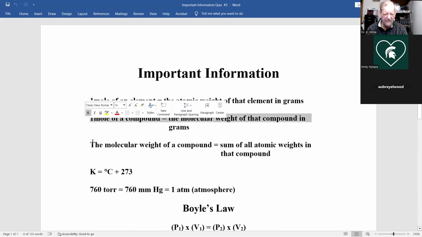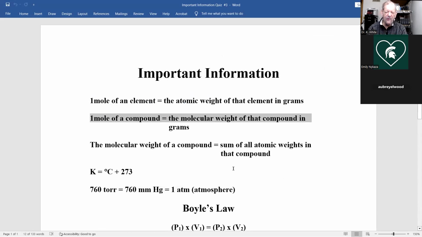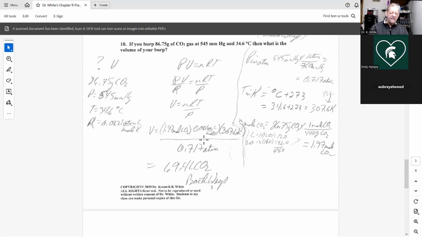And right here, we have 1 mole of a compound equals the molecular weight of that compound in grams. And the molecular weight of the compound is the sum of all atomic weights. So what's the molecular weight of CO2? 1 carbon, 2 oxygen.